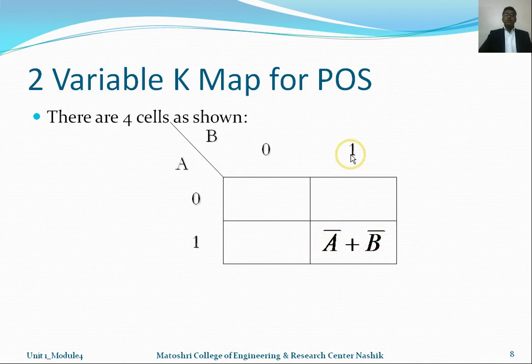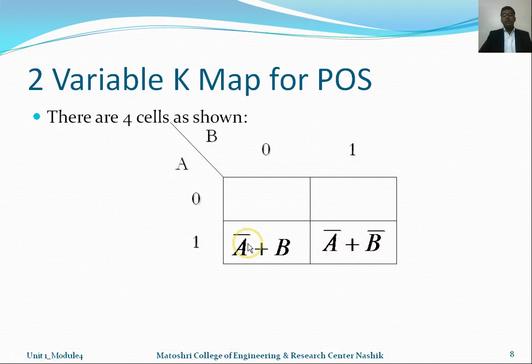Okay, so for the value of this cell, from the A side it's a 1, and from the B side it's a 1, and in case of POS the 1 is the complement of that particular variable. So that's why A bar is ORed with B bar, meaning these are the sum terms.